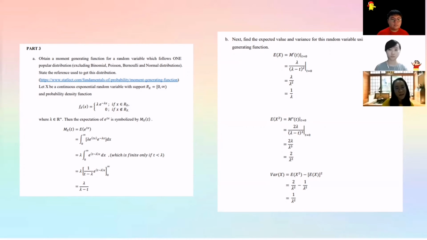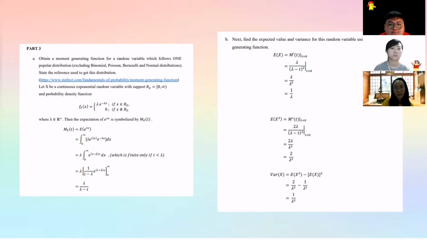Since lambda is a constant, we bring out lambda and factorize x in the power of e, and we get e to the power of (t minus lambda) x, which is finite only if t is less than lambda. And we get the moment generating function equal to lambda over lambda minus t.